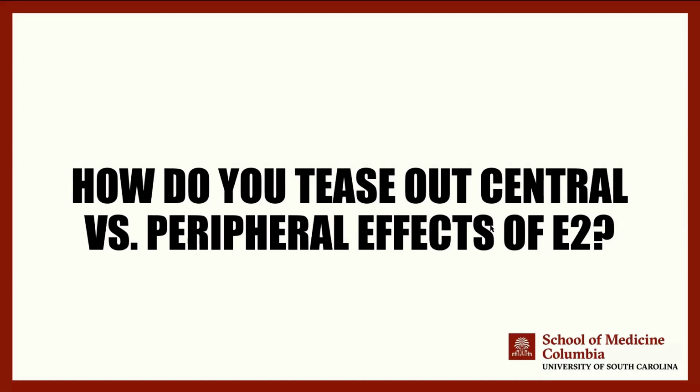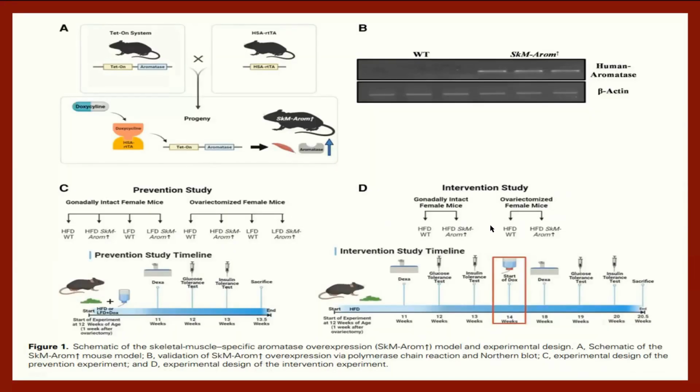So what we did is design a mouse model that allows us to inducibly turn on aromatase in skeletal muscle. This is a doxycycline-induced model, so we treat the mice with doxycycline, and when doxycycline is given, it leads to skeletal muscle aromatase overexpression.